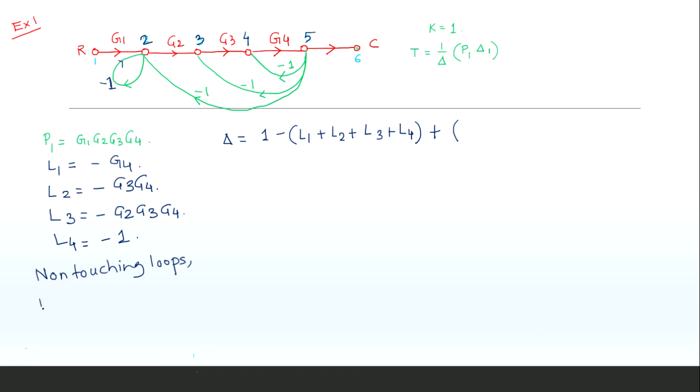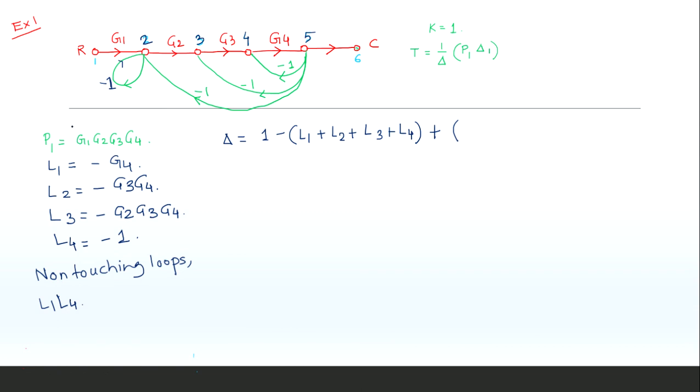So L1 is non-touching with this loop, which is L4. So L1 and L4 are two non-touching loops. What we have to take is the gain product of all possible combinations of non-touching loops. So here the gain product will be between two non-touching loops, L1 and L4. This is the first non-touching pair.